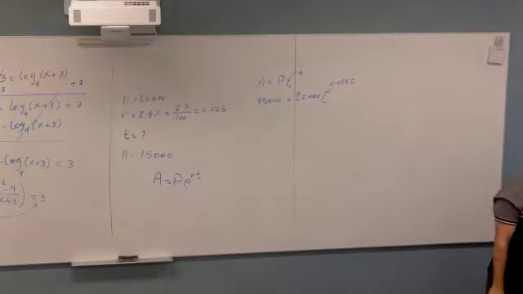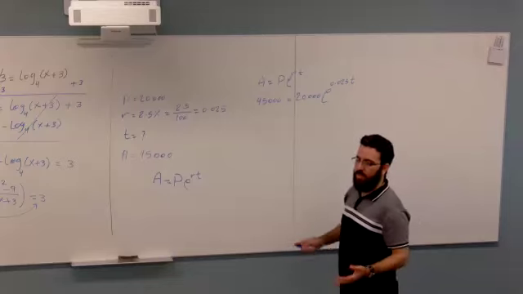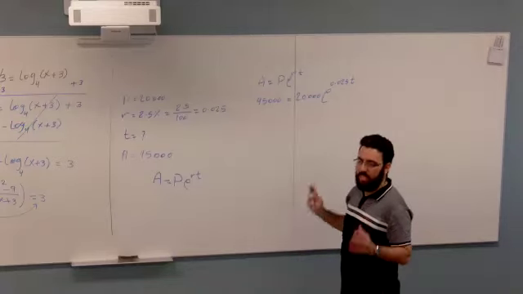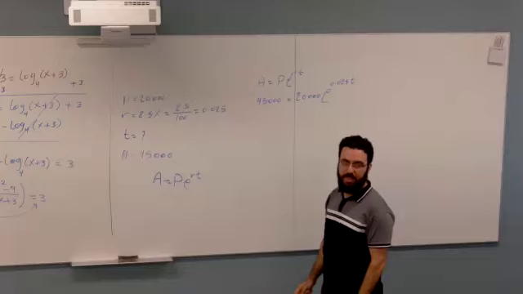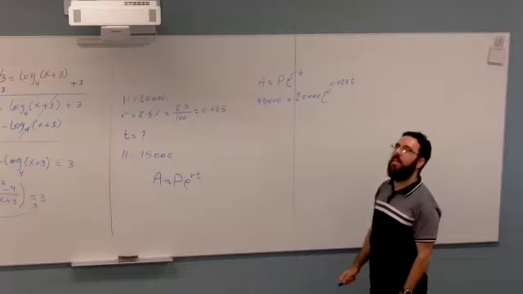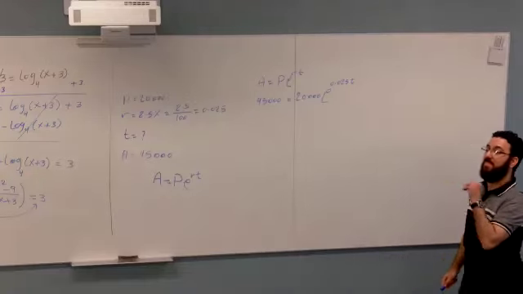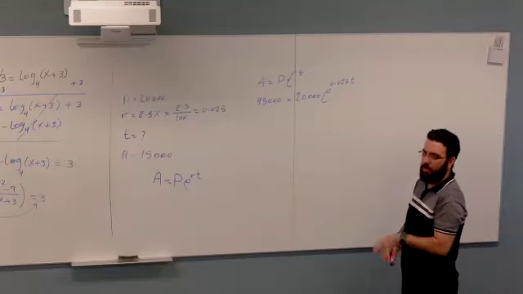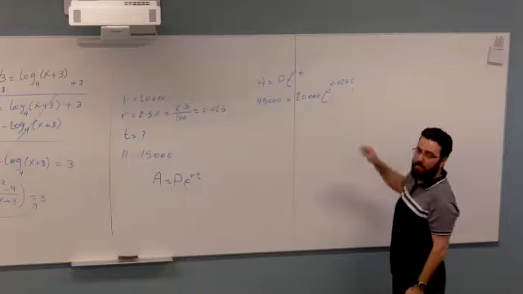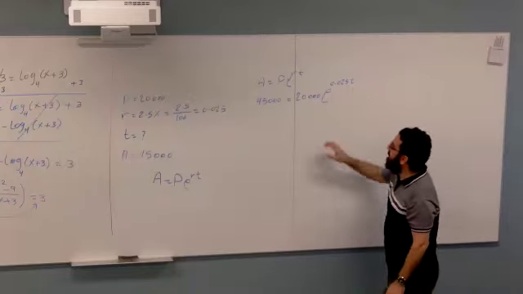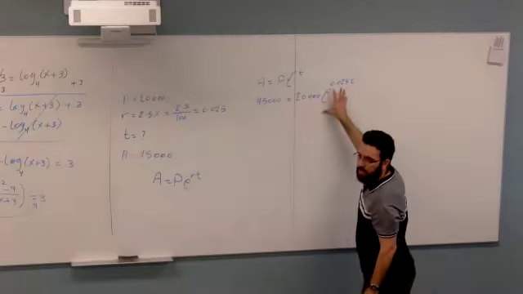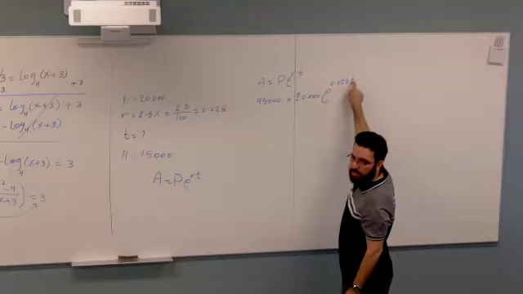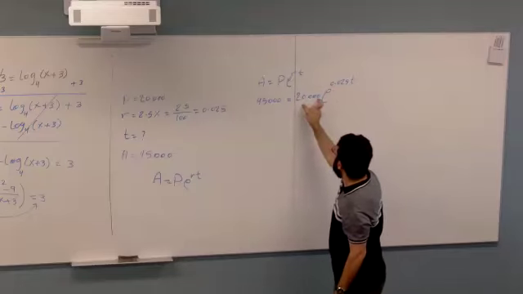How are we going to solve this one? What's the first step we have to do? We have to take the ln? No, before that. We need to find the time. I have a number here times e to a power with a variable. How am I gonna cancel this number?